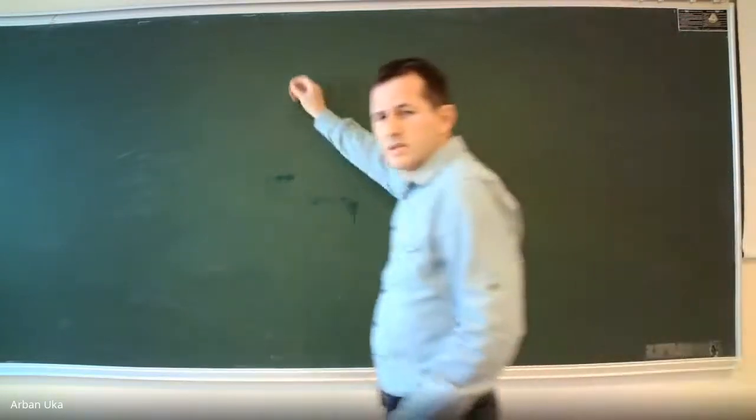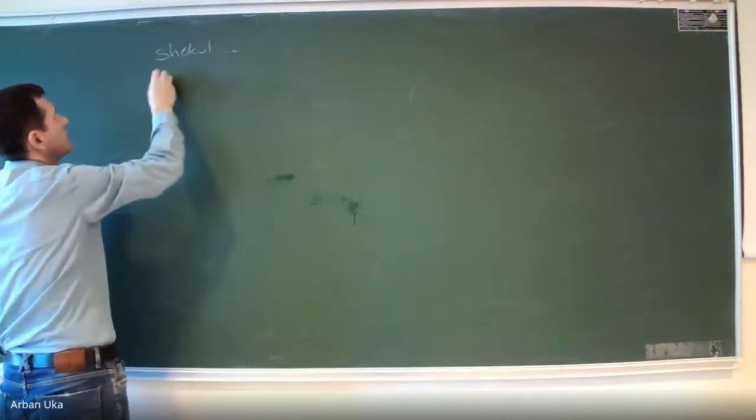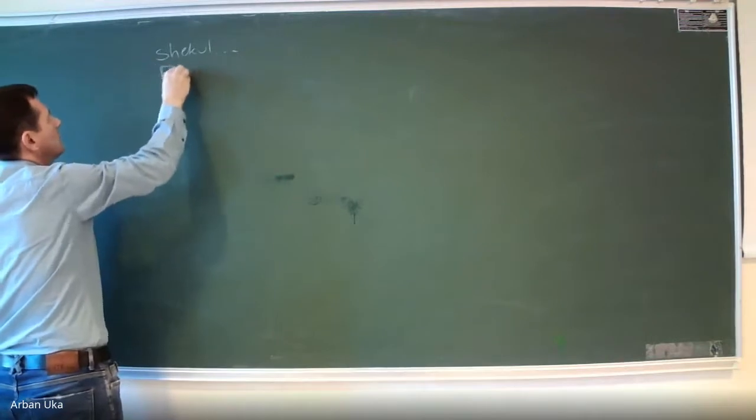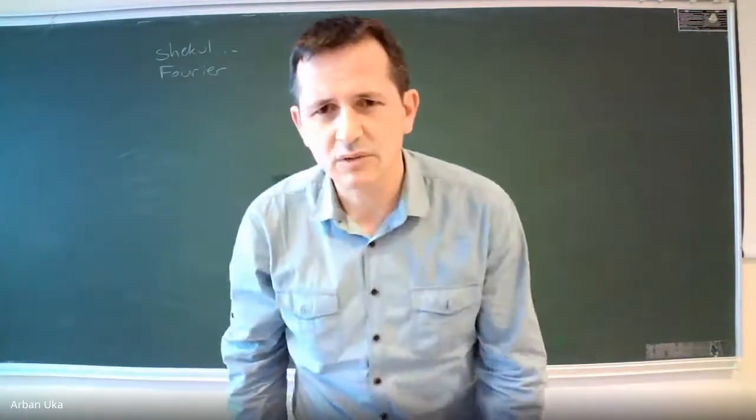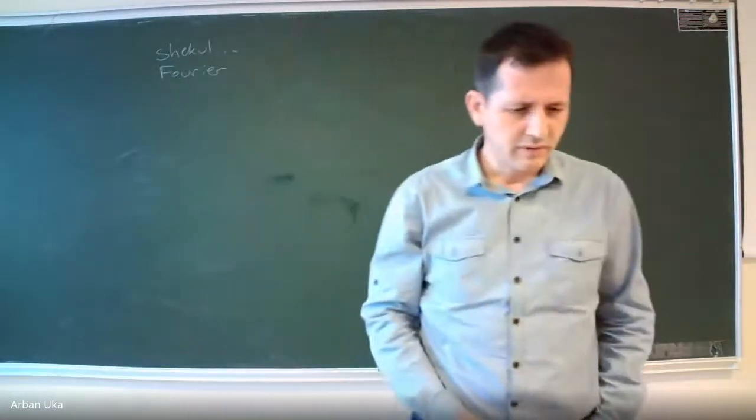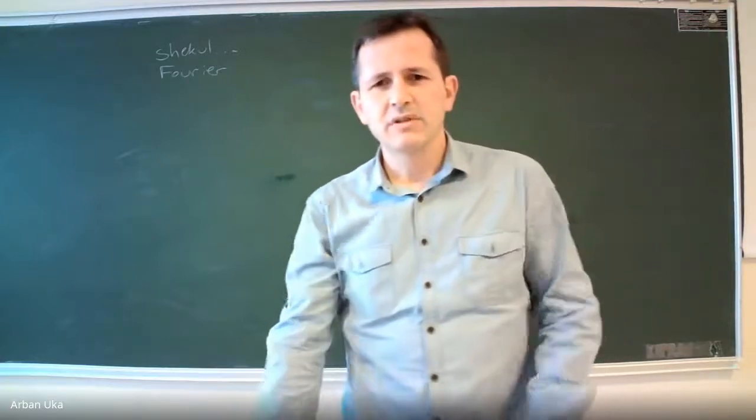So let me write here. The two techniques we're dealing with so far are Chebyshev, the spelling I'm not very good at, and the Fourier transform. It's hard to memorize all the different spellings of even the Chebyshev polynomial.